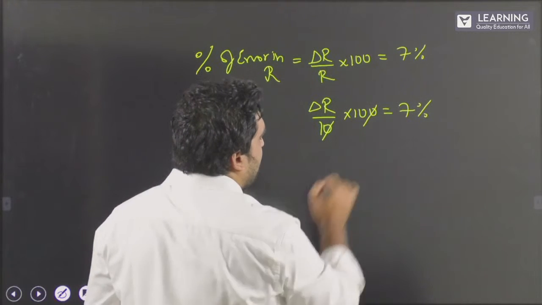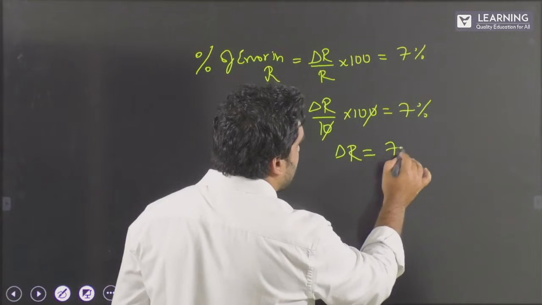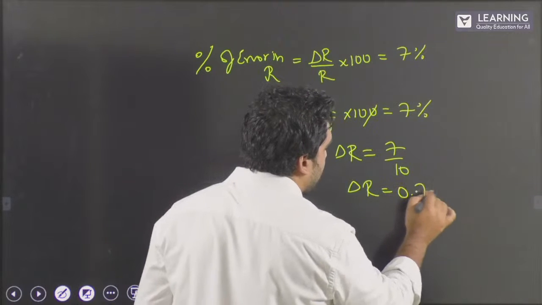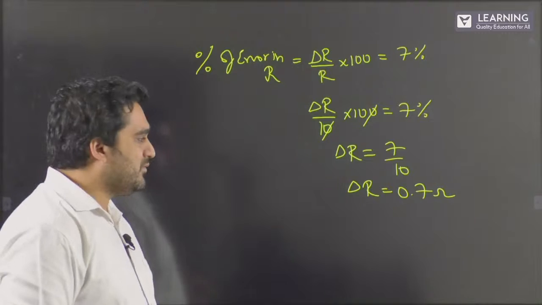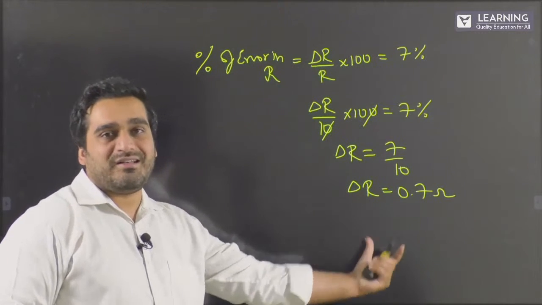So the zeros cancel and you get delta R equals 7 by 10, where delta R is equal to 0.7 ohms. You have found the absolute error for resistance.